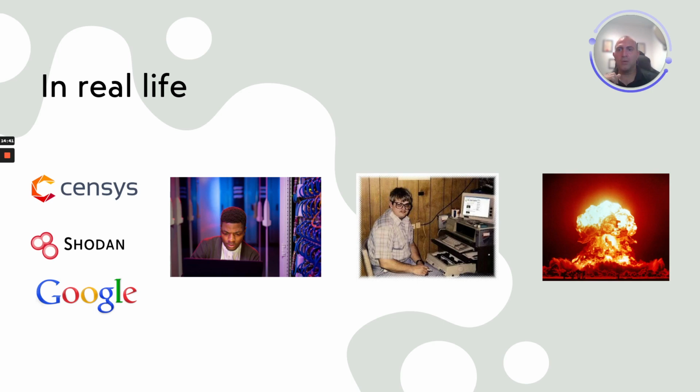Now, I want to talk about real life. In real life, what we are currently doing is using very cool things to do the same process. We use discovery tools like Censys, Shodan, and Google to identify the ways that we can get hacked.